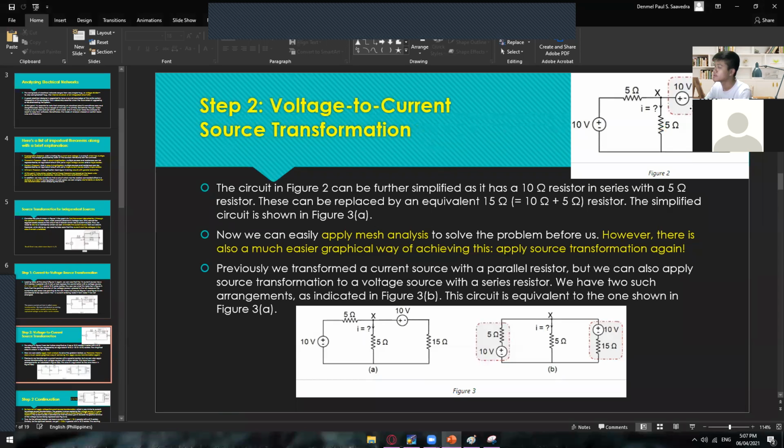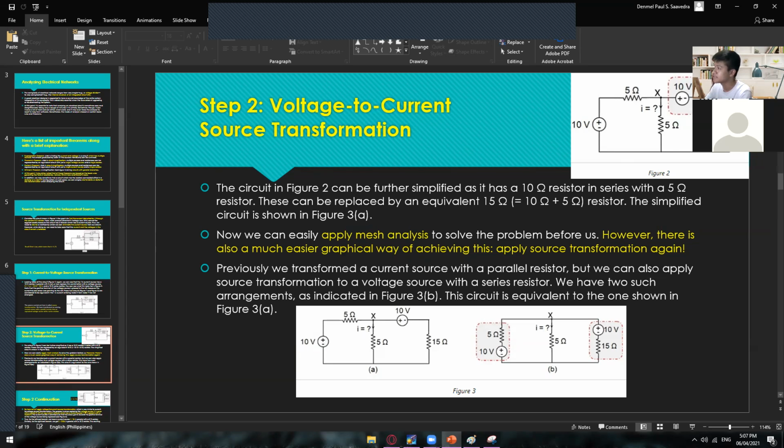We have simplified this one a little bit more, wherein we were able to add those two resistances, the 10 ohms and 5 ohms. The 5 ohms doesn't have anything to do on the other side.